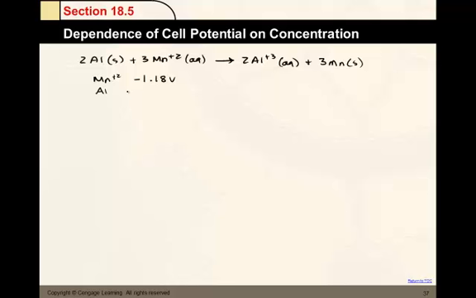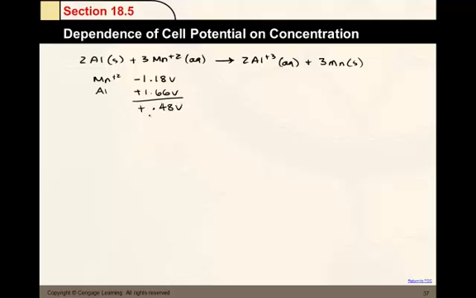So Mn2+, yeah, is negative 1.18 volts. Aluminum is negative 1.66 volts. So obviously, to make it match the equation here such that aluminum solid is a reactant, I need to flip the sign of negative 1.66 volts to be positive. So when I add, I can produce positive voltage.